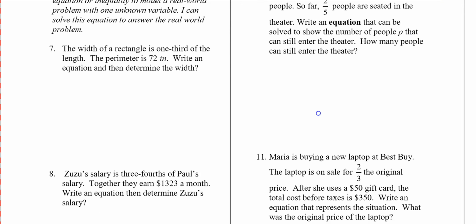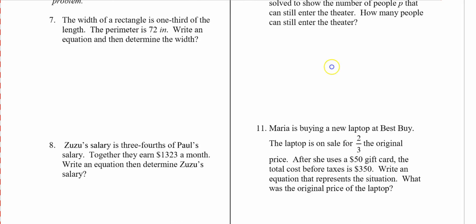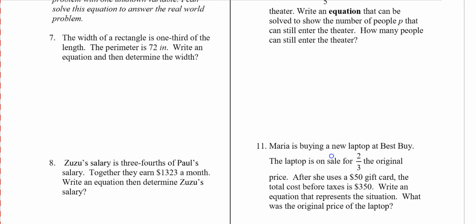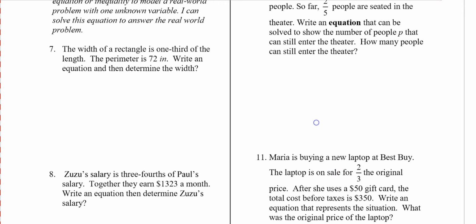Alright, number 7. So 7 through just about the end of the test, we have to set up an equation and then solve it. So 7 says the width of a rectangle is 1/3 its length. The perimeter is 72. Write an equation to determine the width. So if we draw a picture, there's my rectangle.